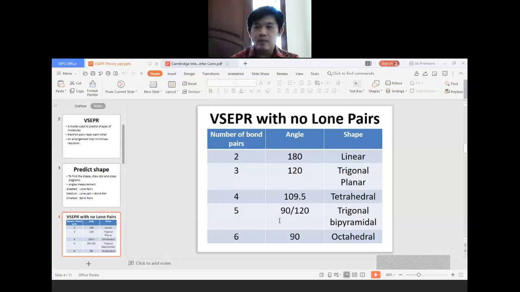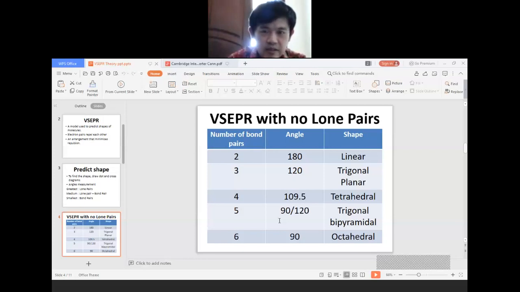What is the example? Example is BeF2. You can imagine BeF2, we have to see the central atom.